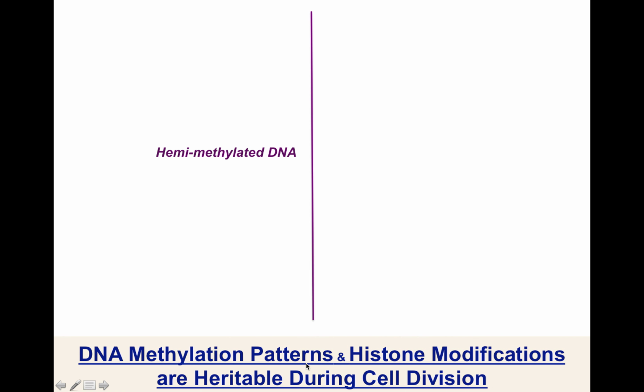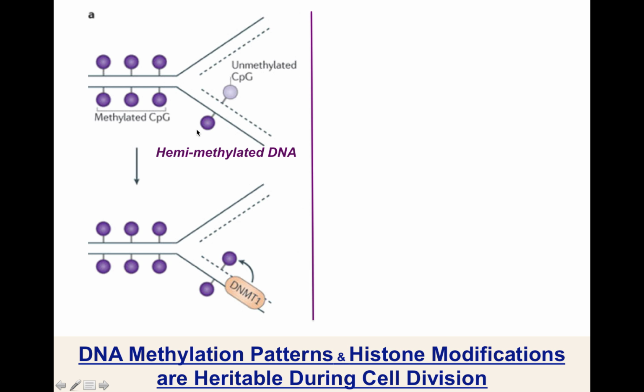DNA methylation patterns and histone modifications are heritable during cell division. This is important because if you want to affect change, you want to pass that information on from mother to daughter cells during the process of DNA replication. So when DNA is hemimethylated, it recruits proteins that fully methylate the DNA.